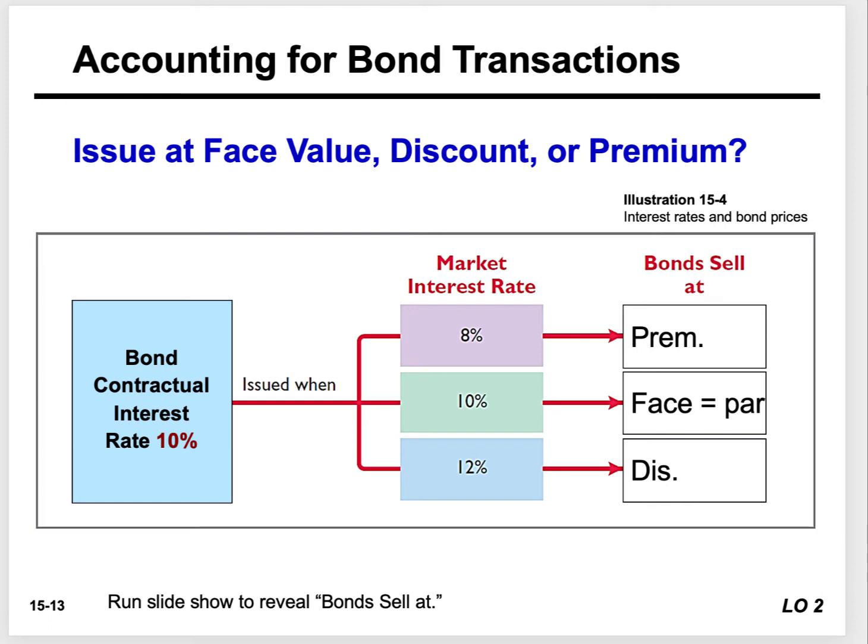This account is called, wait for it, premium on bonds payable. We're going to see when we report these that these contra asset accounts, whether it's a discount on bonds payable or a premium on bonds payable, are reflected in the reporting of the bonds payable balance, or the book value that we report those bonds at.